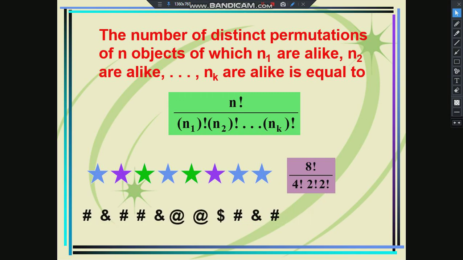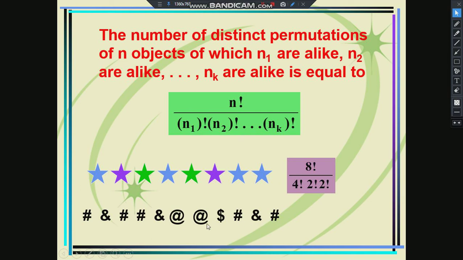And for these symbols, we have the hashtags, the ampersand, and the @ sign with the $ sign. So, how many symbols are there? There are 11 symbols. And how many symbols are the same? We have 3 kinds of symbols which are the same.